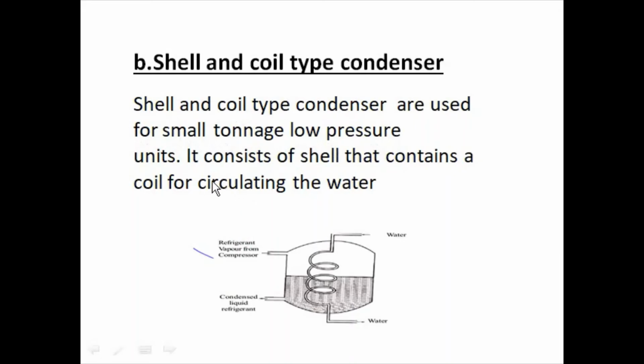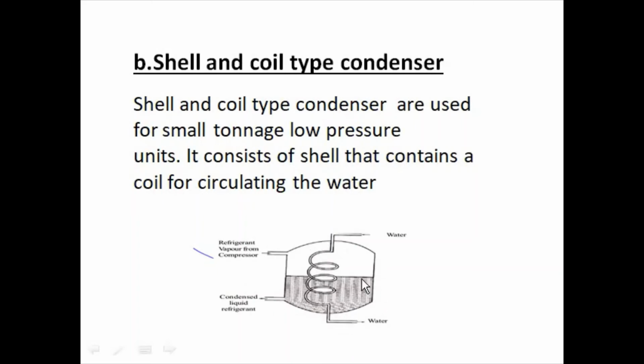It means that it is used for small capacity units. It consists of a shell that contains a coil for circulating water. As you understand well, it consists of a shell and a coil.